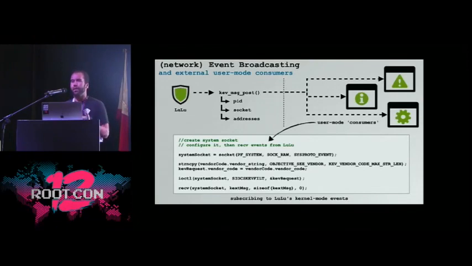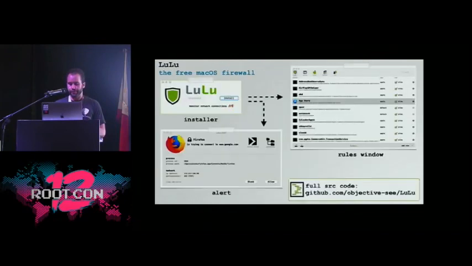As network events happen in the kernel, these will be detected and broadcasted to them. We can see in a few lines of code on the slide, you basically connect to that instance of the system socket and then read off the socket. Again, very easy, for example, to build a network monitor, or perhaps if you have your own or a third-party monitoring system that's running in user mode, or you just want to log network activity, very easily you can do that by means of our kernel interface.